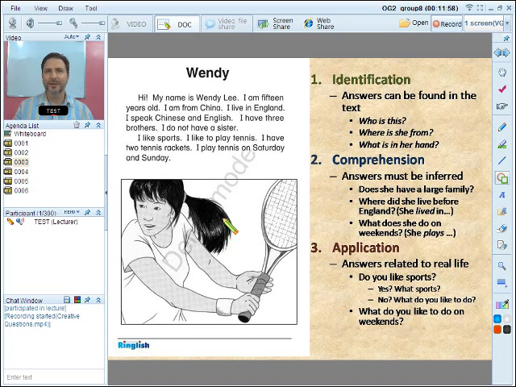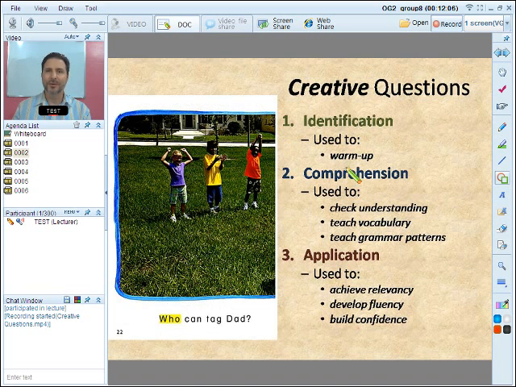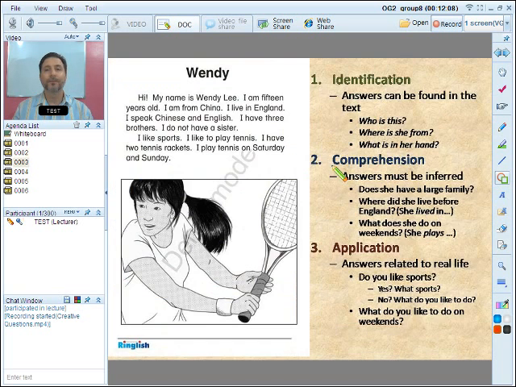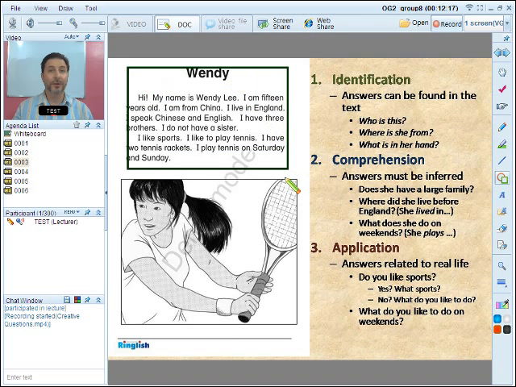But that's a different TESOL lesson. In this case, if we use identification questions, remember, the identification questions are used to warm up. You can approach this different ways as a teacher. There's no one perfect way. You can have the student read the text first, or read one paragraph first.